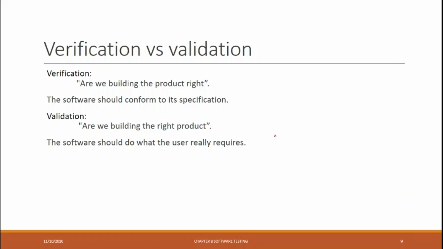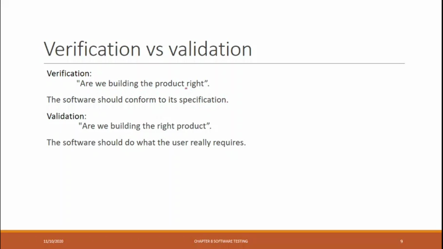So next comes validation as well as verification. Verification is, are we building the product right? The software should conform to its specification as per the requirement of the requirement engineer.